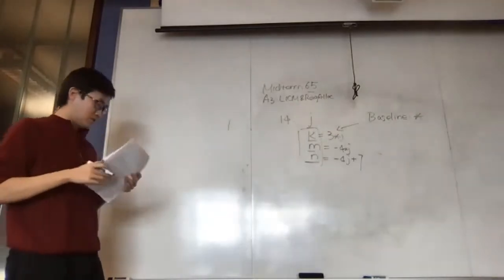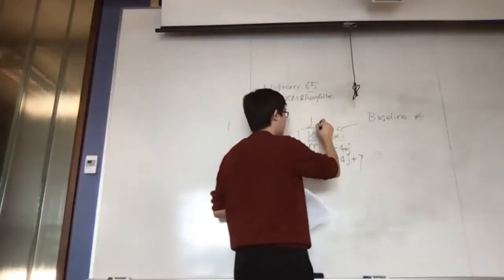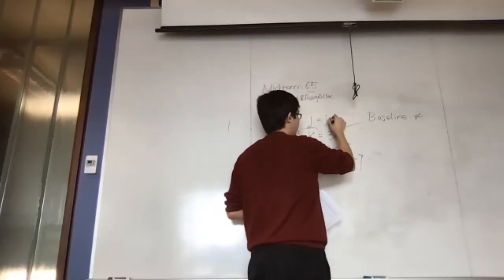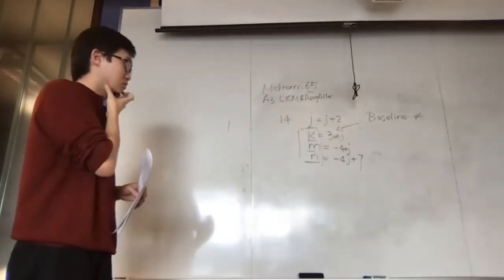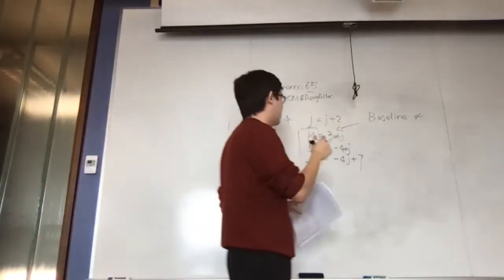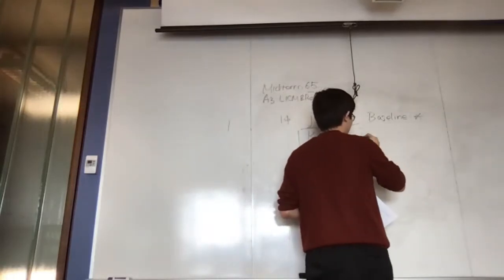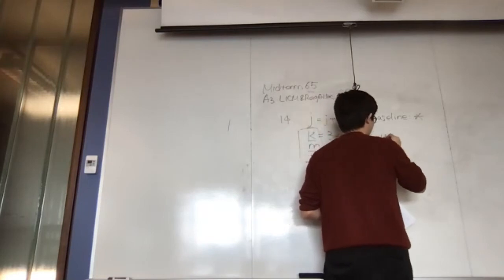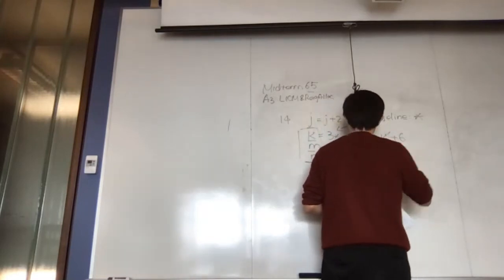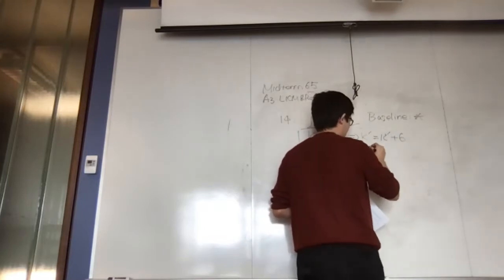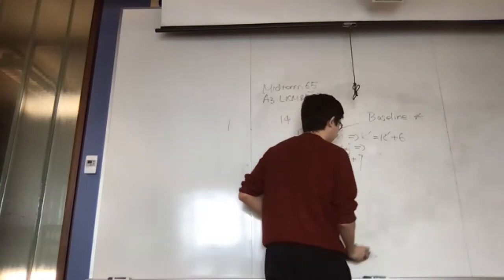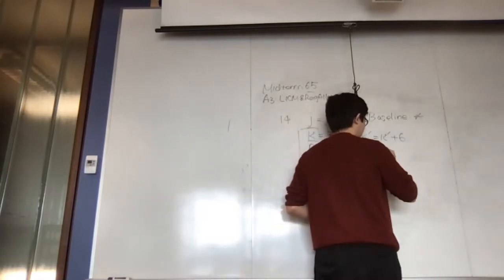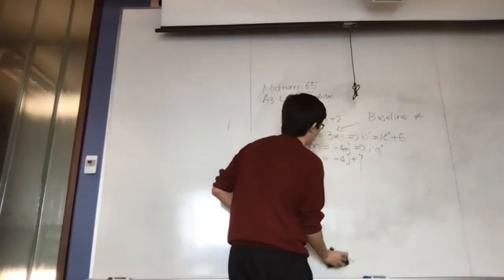However, we observed that because at each iteration J equals J plus 2, we can transform this code into K prime equals K prime plus 6, where 6 is basically 2 times 3.